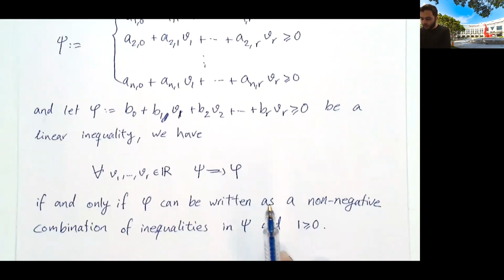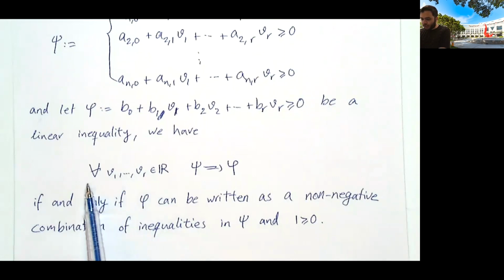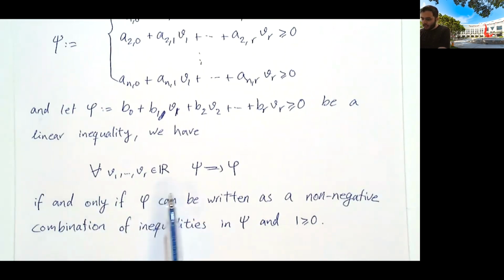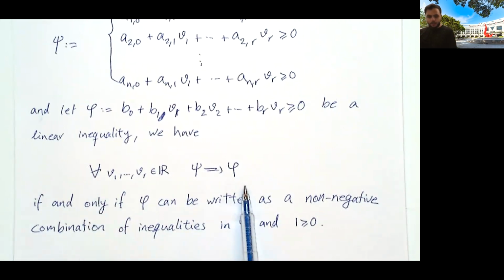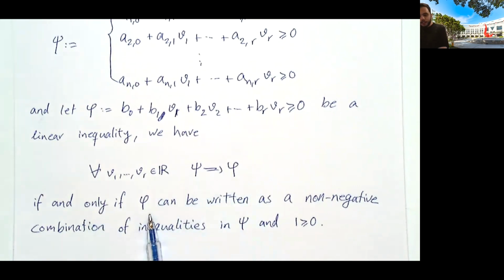So basically what we are interested in is to see if for every value of the variables, having the n initial inequalities leads to also having the final inequality phi. Okay, and now Farkas lemma tells us this whole thing holds, so we can deduce phi from psi, if and only if we can write phi as a non-negative combination of the inequalities in psi and also this trivial inequality, 1 greater than or equal to 0.